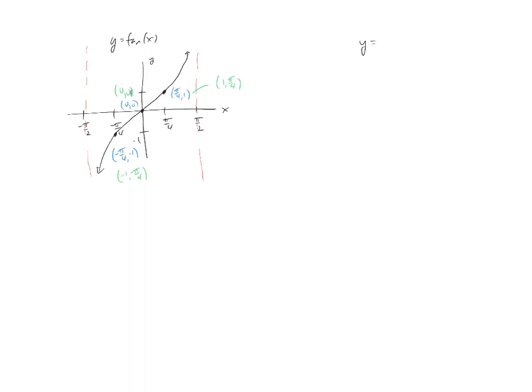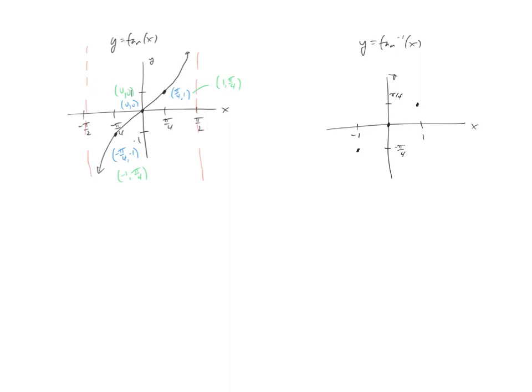So the graph of the inverse tangent, we've got, let's see, 1, pi over 4. We'll have the point 0, 0, and we'll have the point negative 1, negative pi over 4.